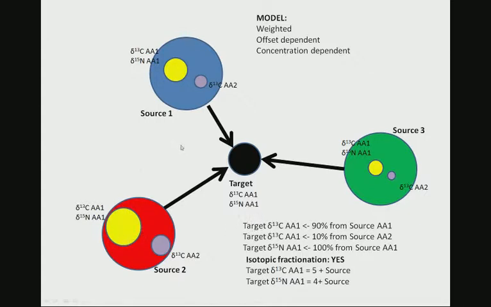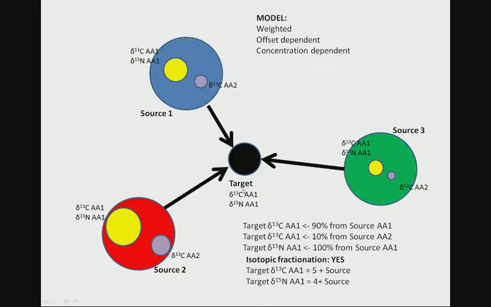That there is a second amino acid in each source, and this second amino acid also contributes to the carbon signal of your target delta C13. This could happen, for instance, if you have some kind of biochemical pathway and you have more than one fraction contributing to this target isotopic value.